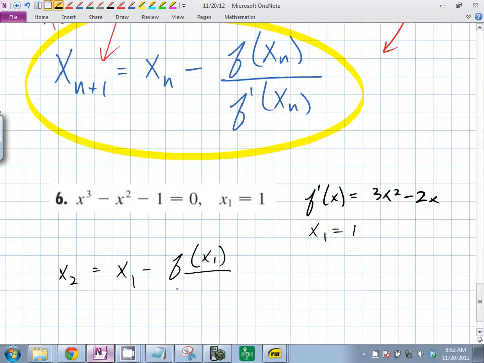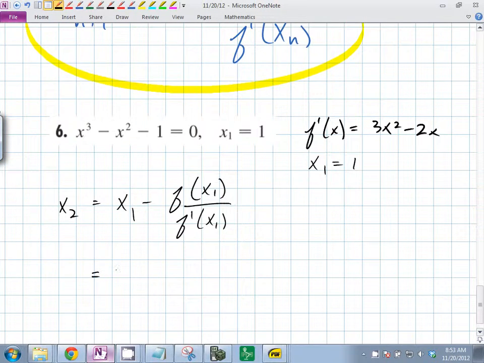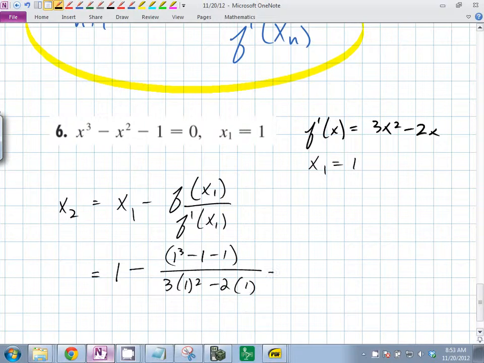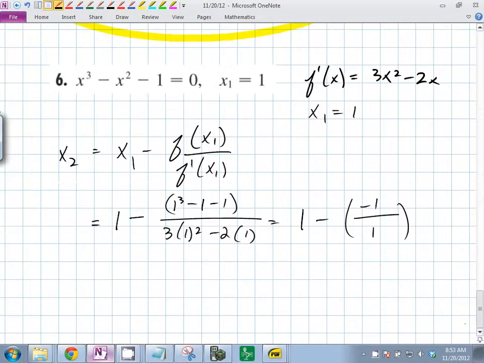Well, do we know what x1 is? 1 minus 1 cubed minus 1 minus 1, all over 3 times 1 squared minus 2 times 1. What does that equal? 1 minus negative 1 over 1. So that's the same as 1 plus 1, which is 2. So that is x2.